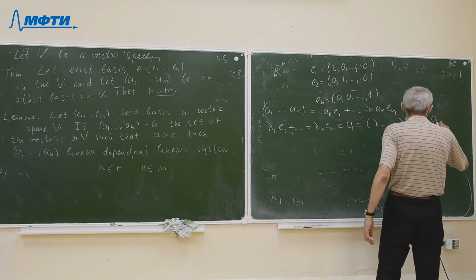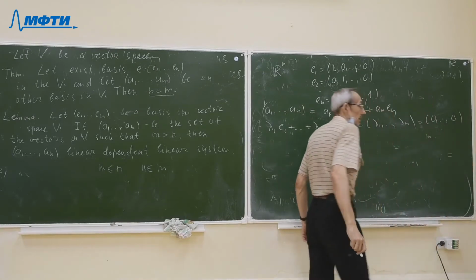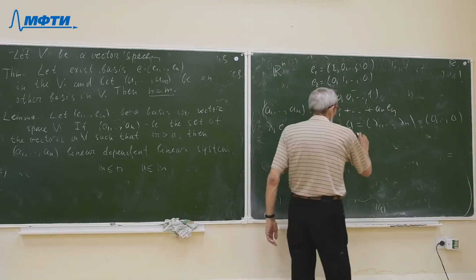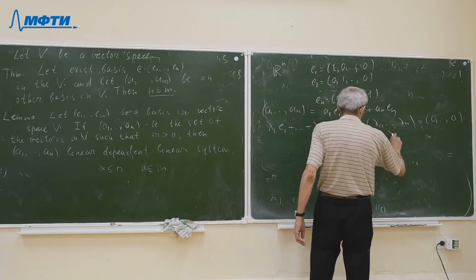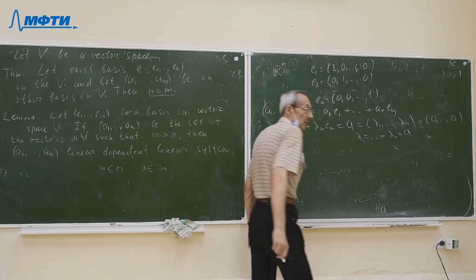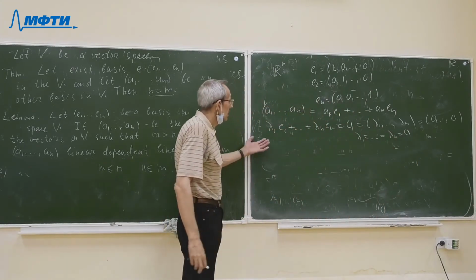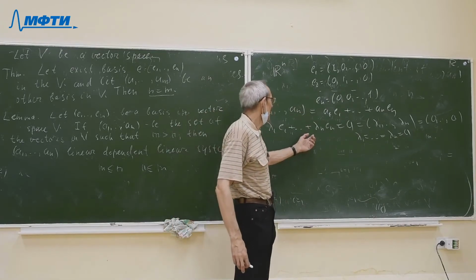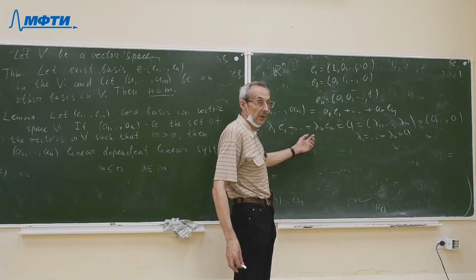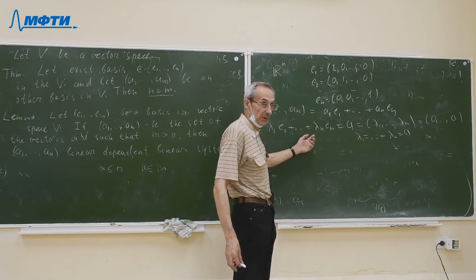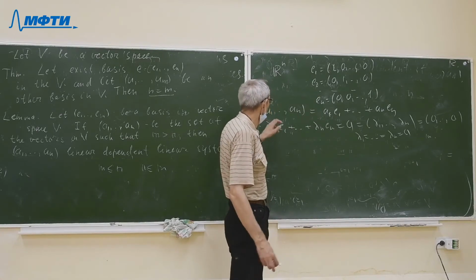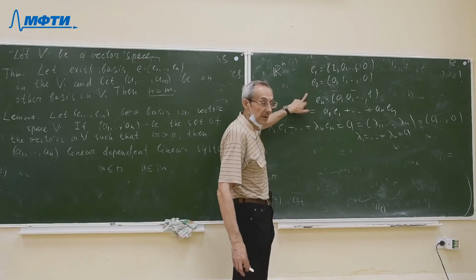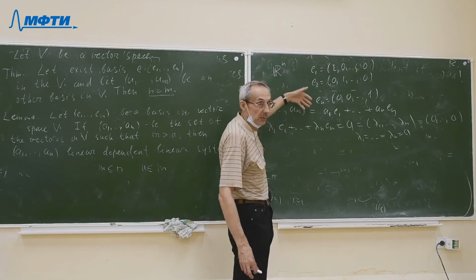It means it is the n-tuple of zeros, so all elements are equal to 0. It means that this linear combination is trivial, has only zero coefficients, and that means that these elements are linearly independent. And it is a basis.